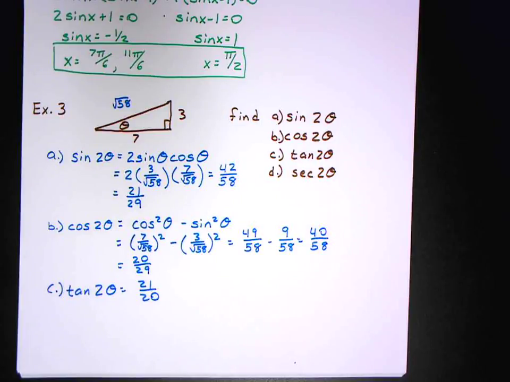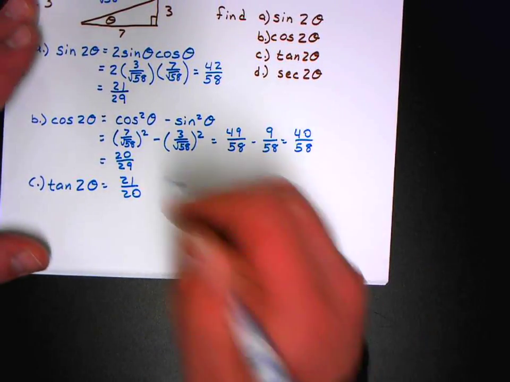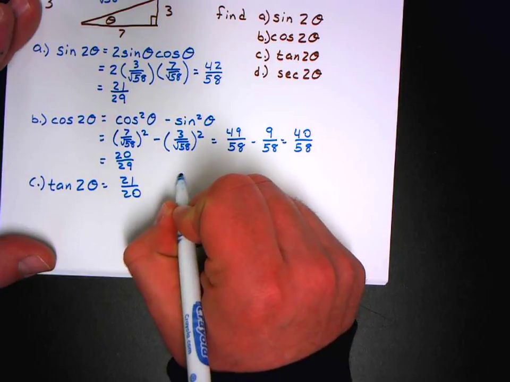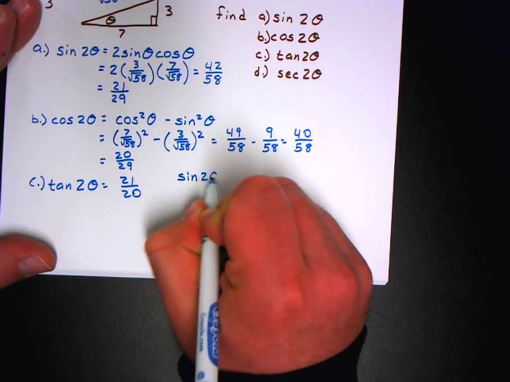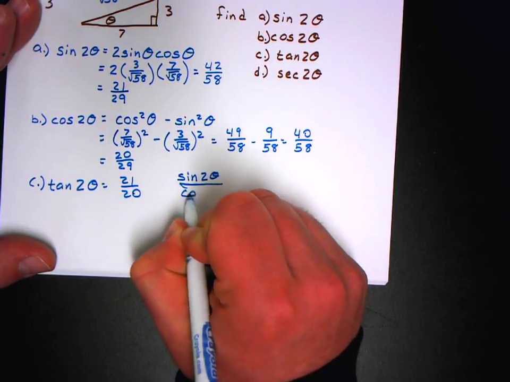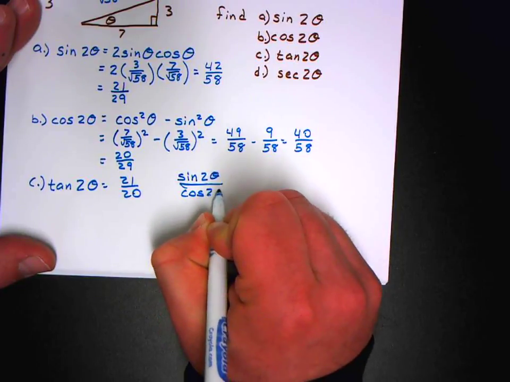Okay, tangent is sine over cosine, right? Take your sine 2 theta answer divided by your cosine 2 theta answer. Use what you know about trig to do this. Tangent is just sine divided by cosine.